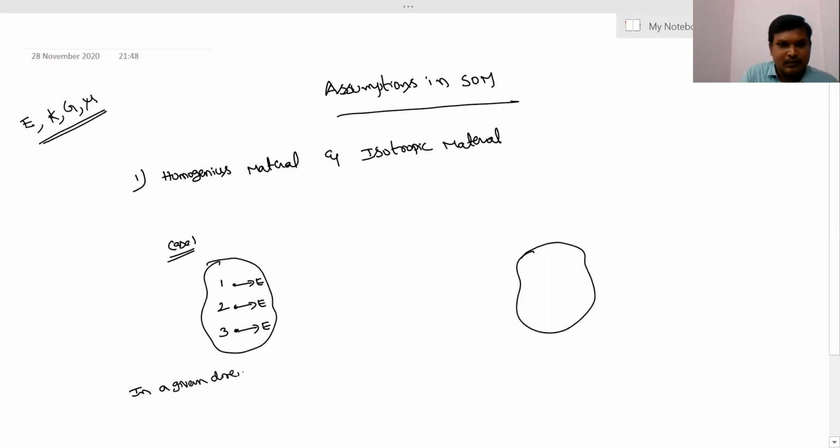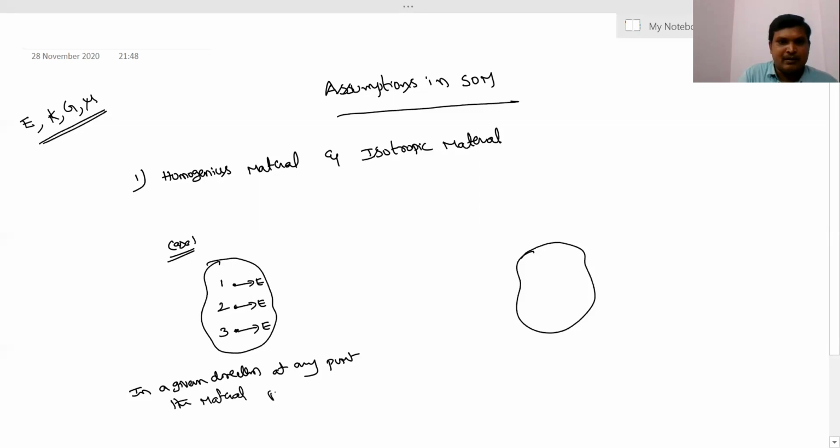So in a given direction, at any point like 1, 2, 3, the material properties are the same. Here the given direction is the right side.